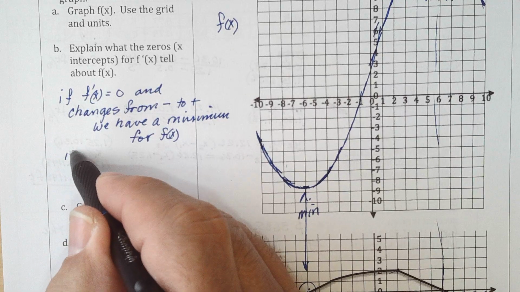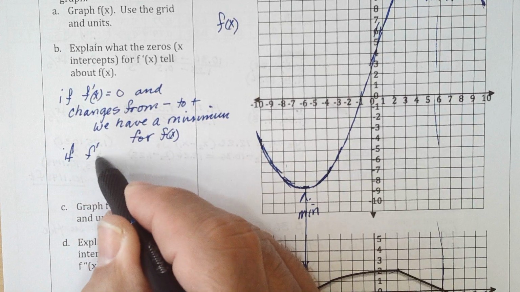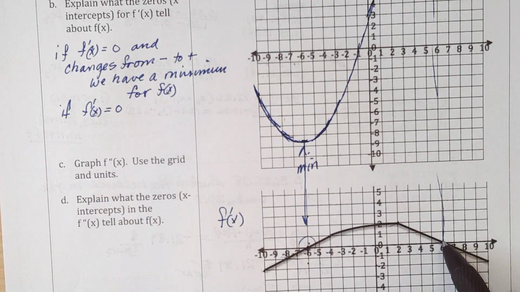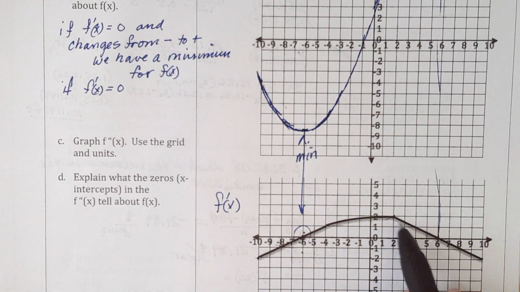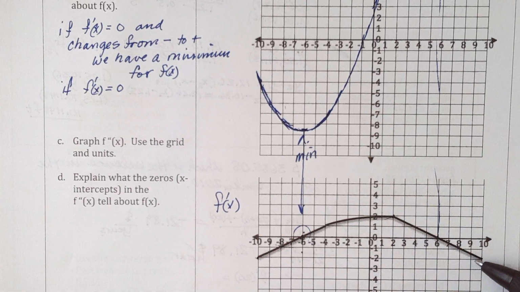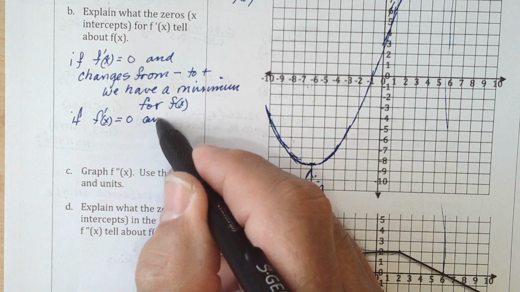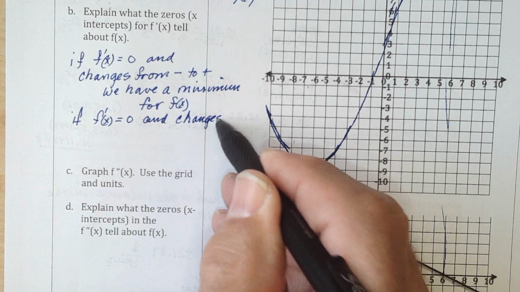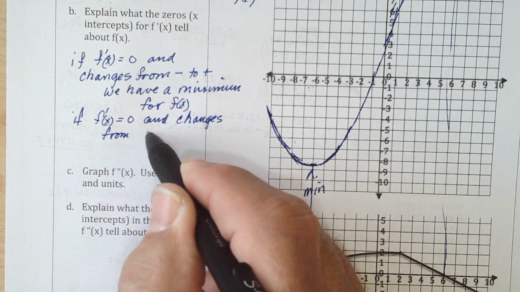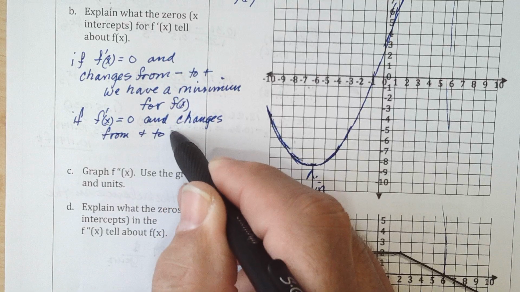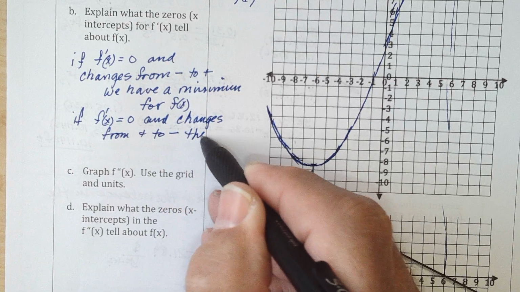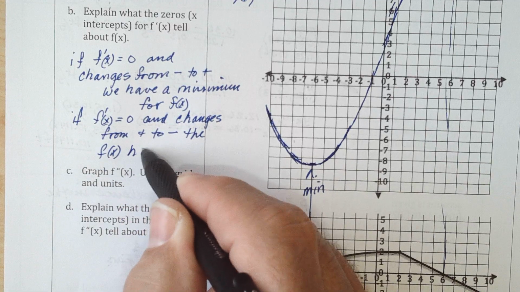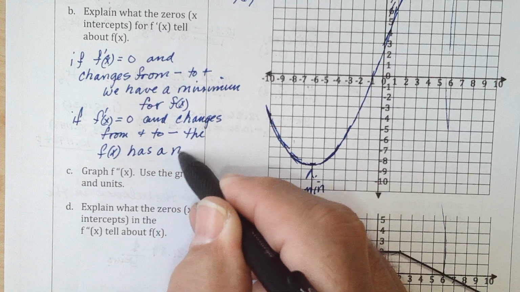And if f prime of x is 0 here, and it changes from positive numbers to negative numbers, then f of x has a max.